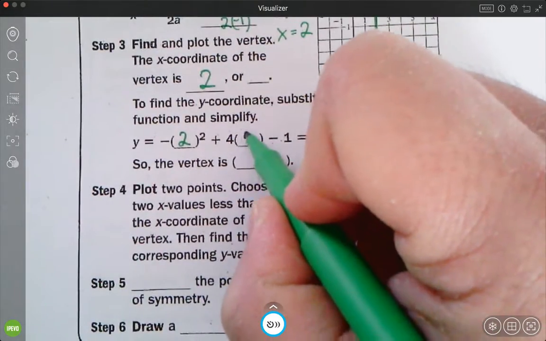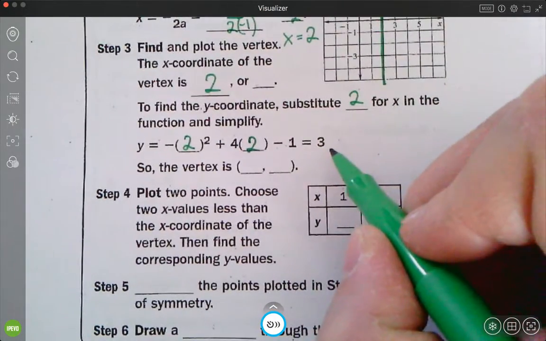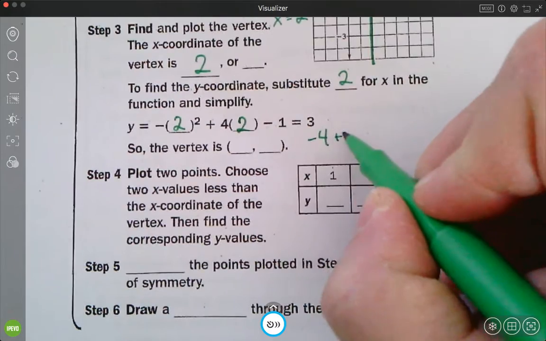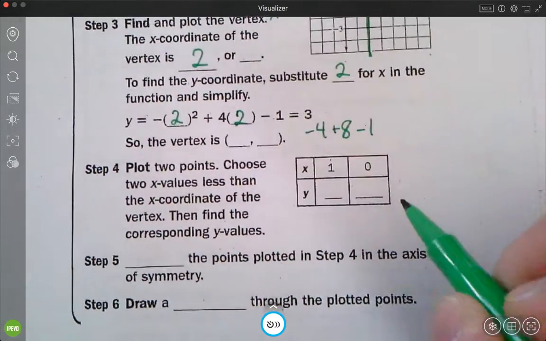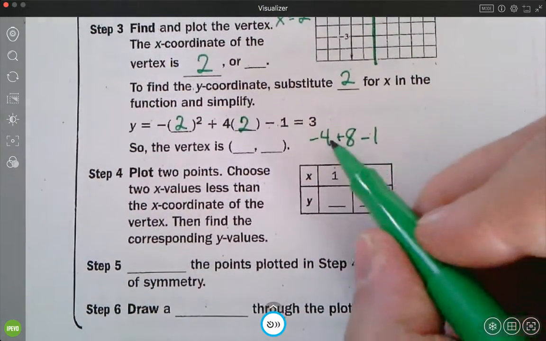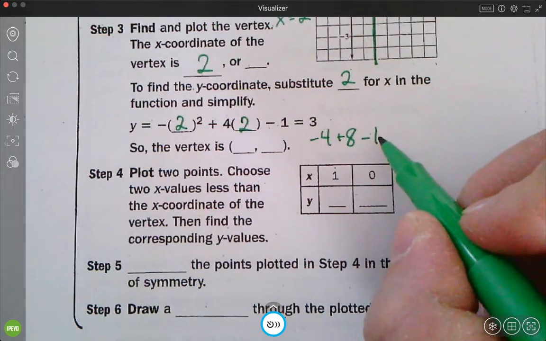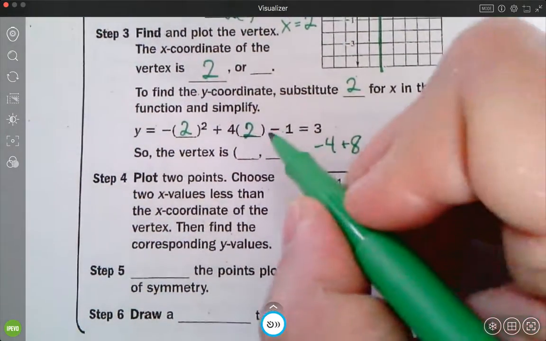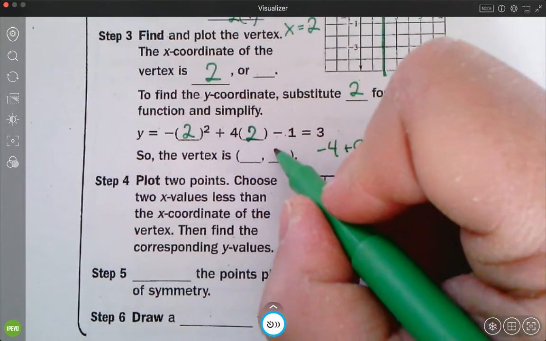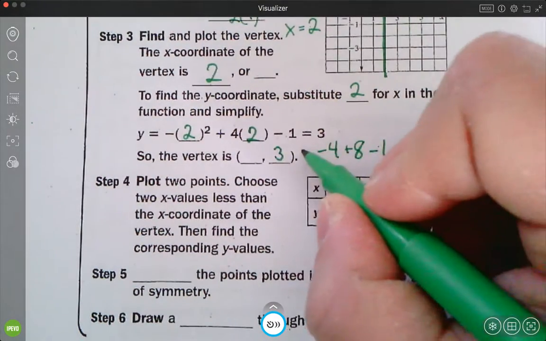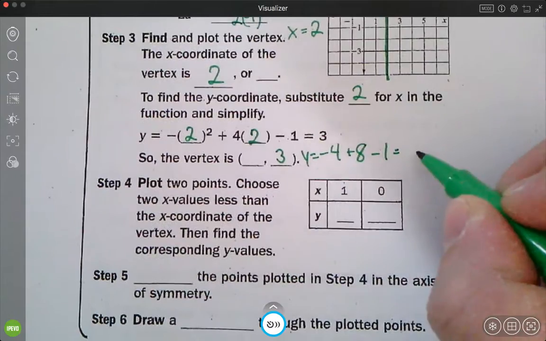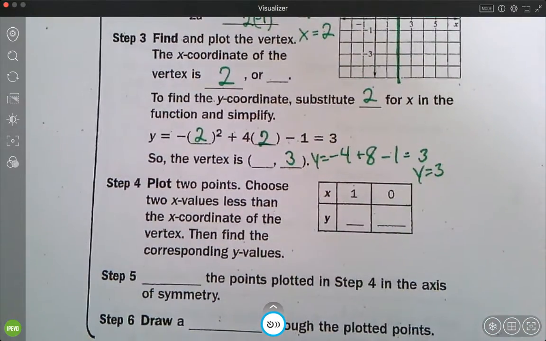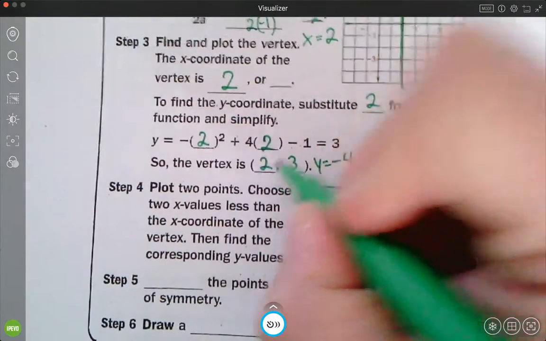And 4 times 2, minus 1. When I simplify that, I'm left with negative 4 plus 8 minus 1, which is 4 minus 1, which is 3. So I get y equals 3. My y-coordinate is 3, and my x I already knew was 2.